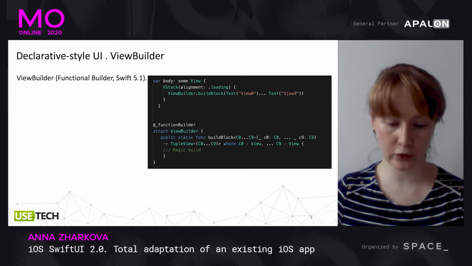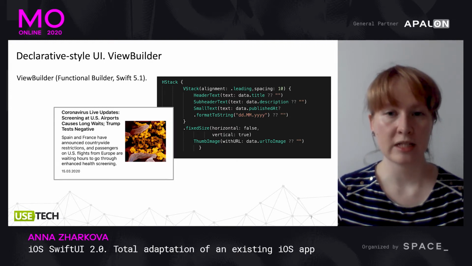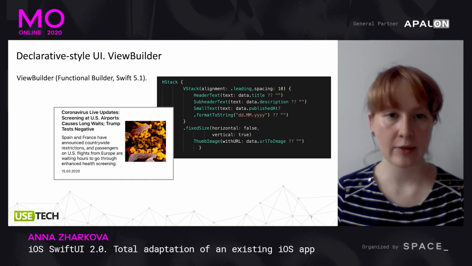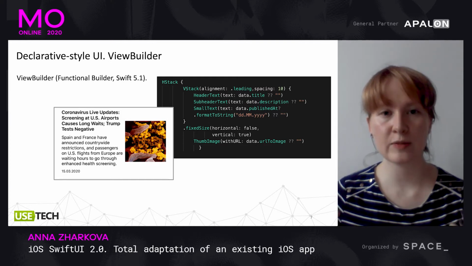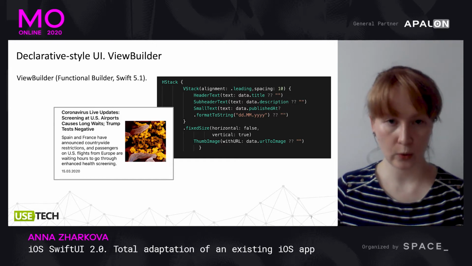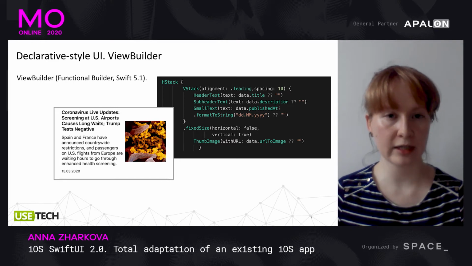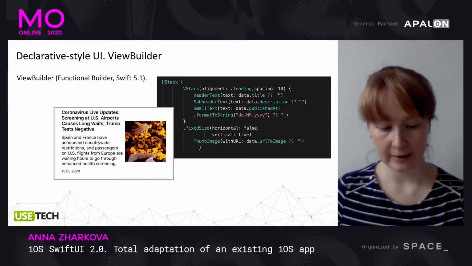So talking about ViewBuilder, these elements will be placed in the correct place with some settings of size, preset paddings, and there is no need to use addSubview to put the element. So we only should put the element in a specific container with specific presets. So this code will be turned into this featured row with vertically placed labels and some image in a horizontal stack.